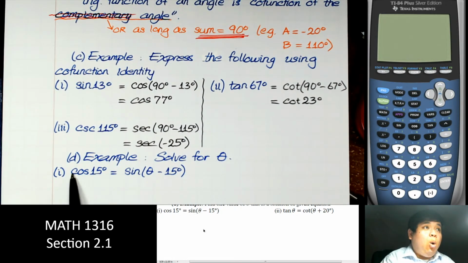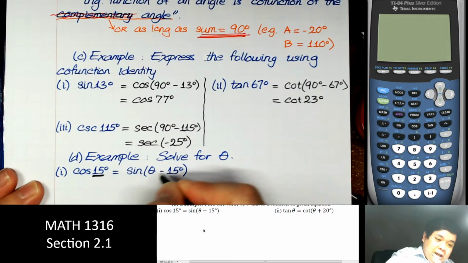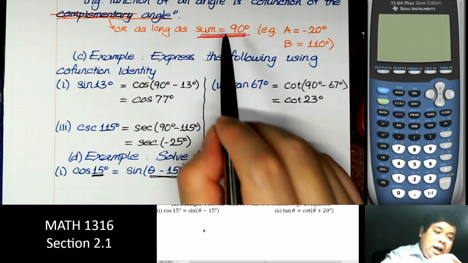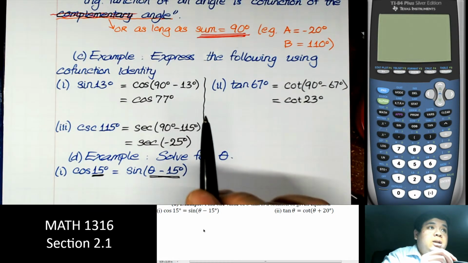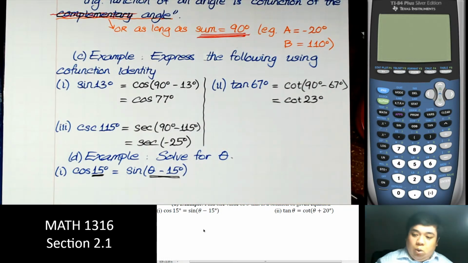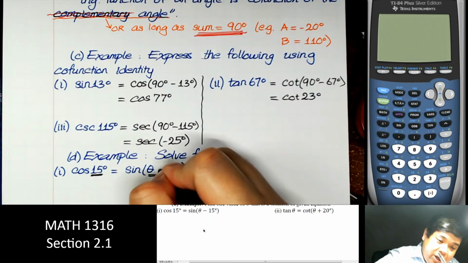So those two are cofunctions of each other. It will work if the angle here and the angle here add up to 90 degrees. By the way, I'm sorry. Let's change this to a plus. This will be a lot more interesting.